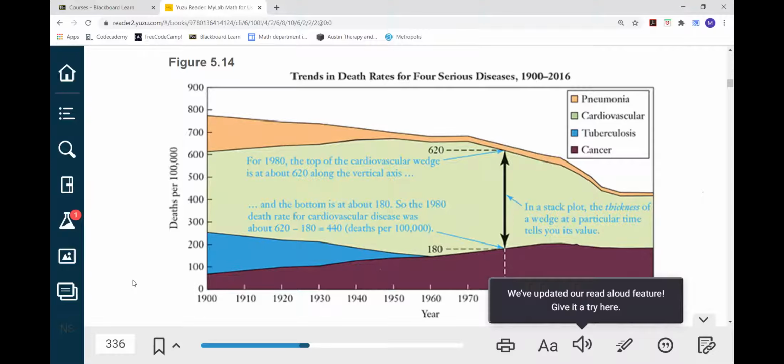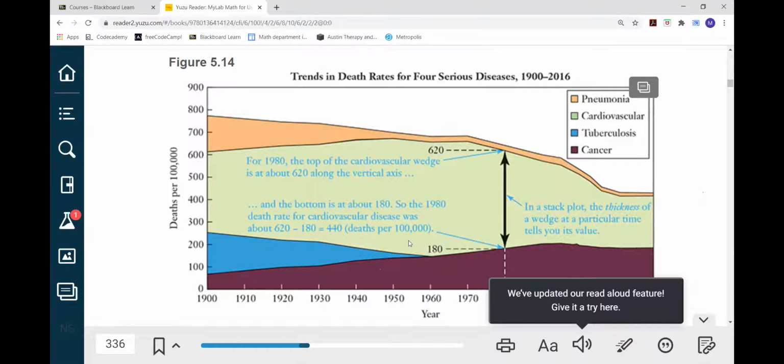About when did the death rate for cardiovascular disease reach its highest value between 1900 and 2015, and what was the value? So it looks like cardiovascular, where did it get fattest? It looks like right about in here. And if we look at from here to here, 650 to 150, if we subtract 150 from 650, what do we get?